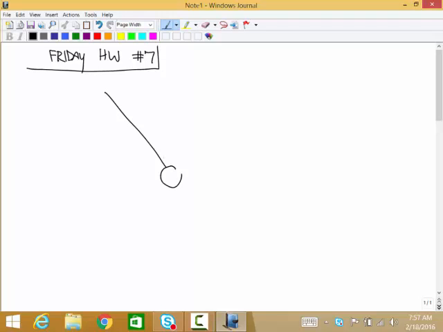So you have a mass swinging around in a circle. And it tells you that the length of this string is L, and that this angle is theta.